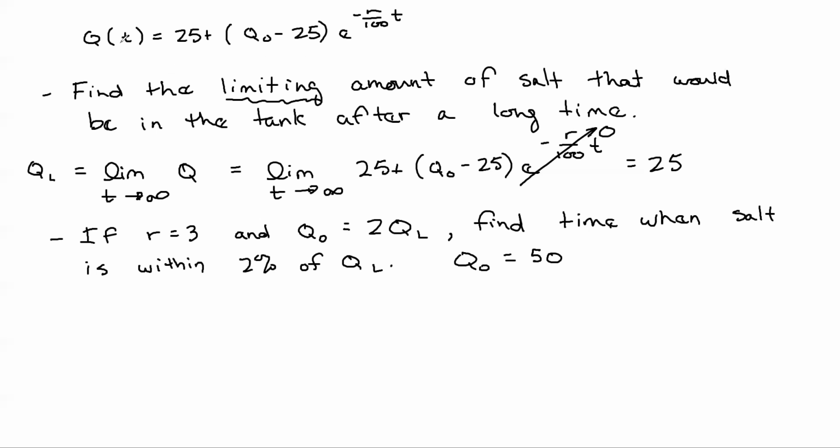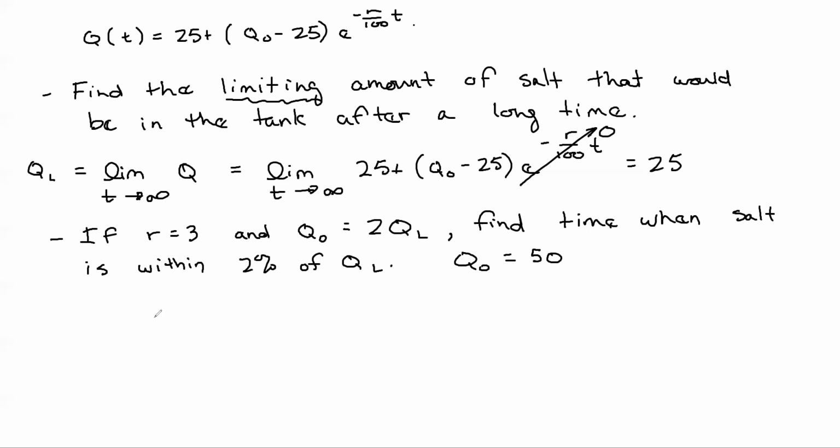So you can plug in the quantity of salt and then find the time. It goes both ways. You can plug in time and find quantity, or plug in quantity of salt and find time. And the second of these two is what it's asking us to do.